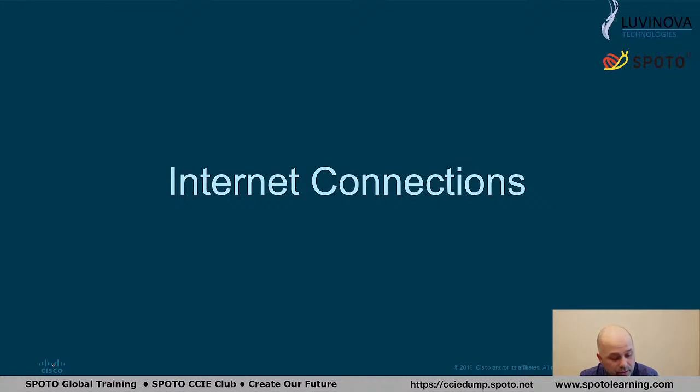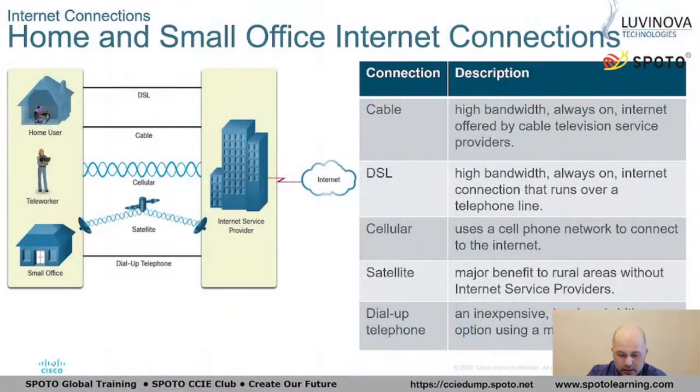Now, internet connections. Home and small office internet connection. First, how can we create a small and home office network? What you have at home is a modem, right?